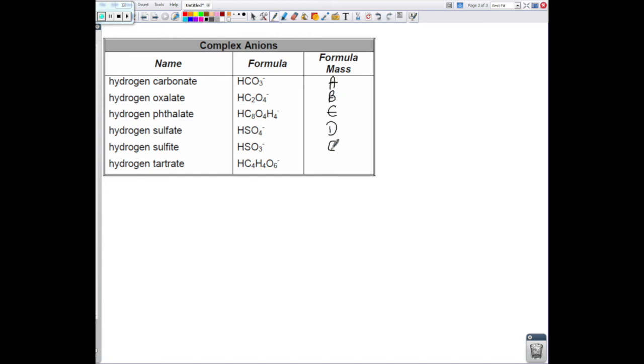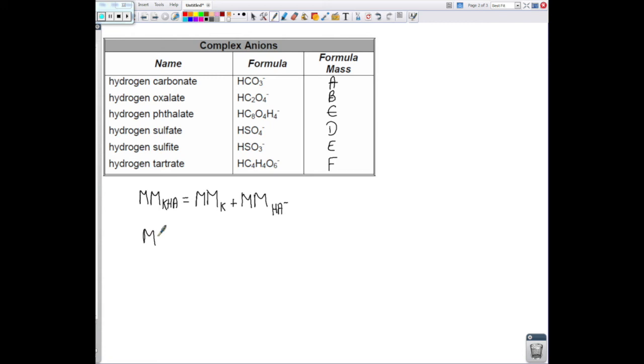That's going to be A, B, C, D, E, and F. Now, the molar mass of the acid salt is equal to the atomic mass of potassium plus the molar mass of the anion.